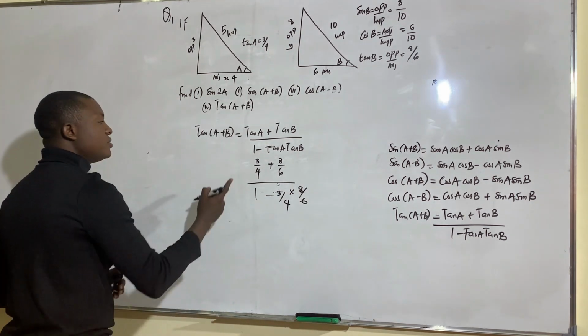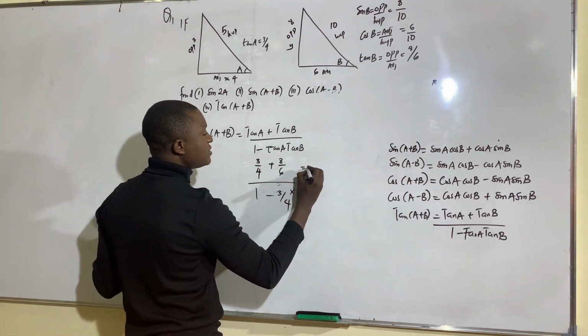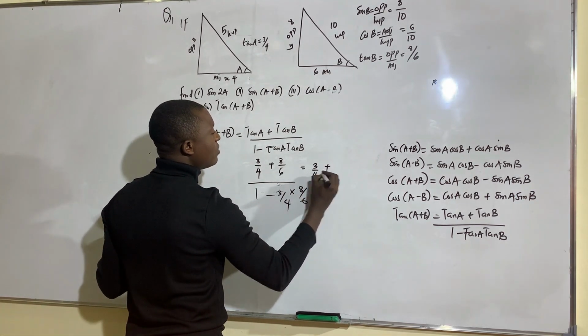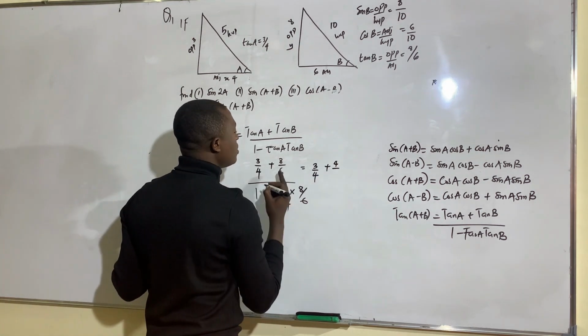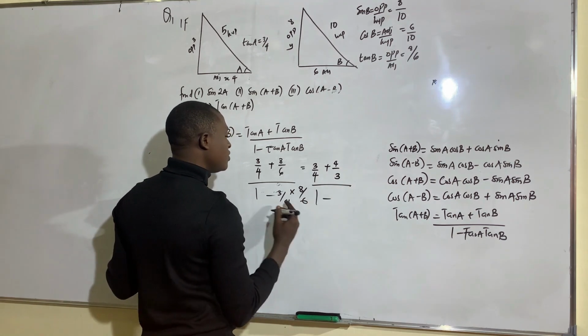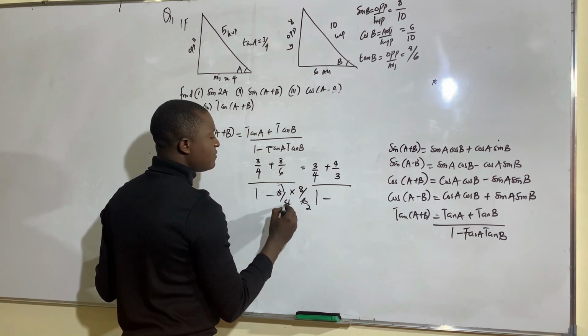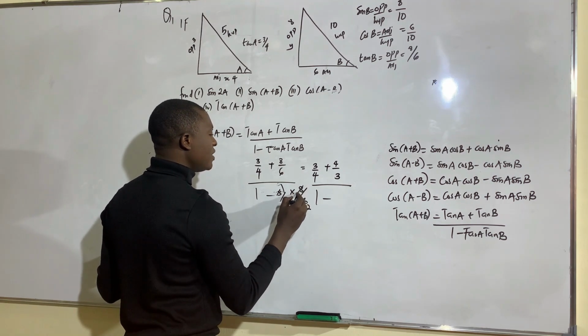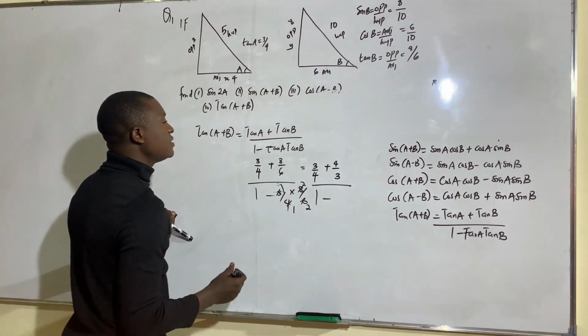So now I can reduce the fractions. The first one is 3/4 plus, you can see I can divide this one, 2 in 8, we have 4, and 2 in 6, we have 3. All divided by 1 minus, even this one too we can reduce it. 3 here 1, 3 here 2, right? 4 here 1, 4 here 2, right?